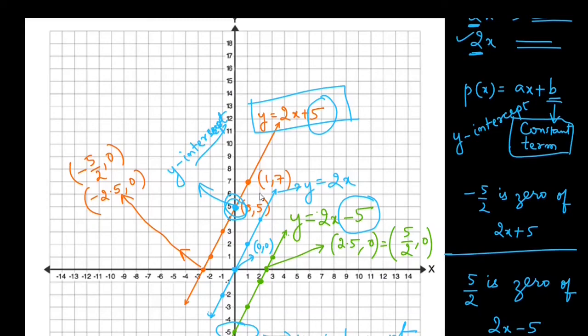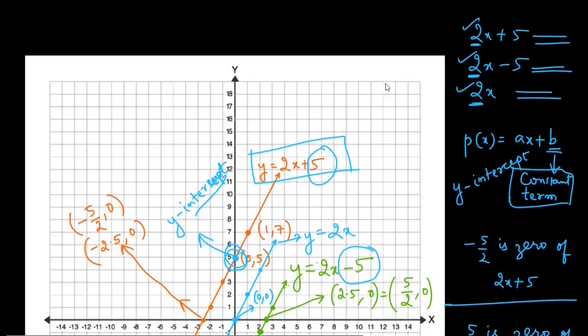All these lines are parallel to each other because the coefficient of x term is 2 here, 2 here, 2 here. So the orientation is not changing.